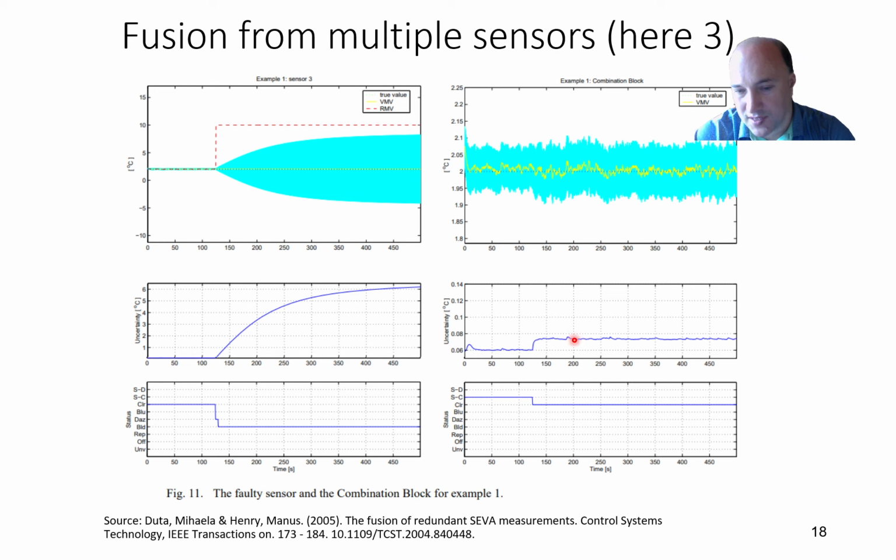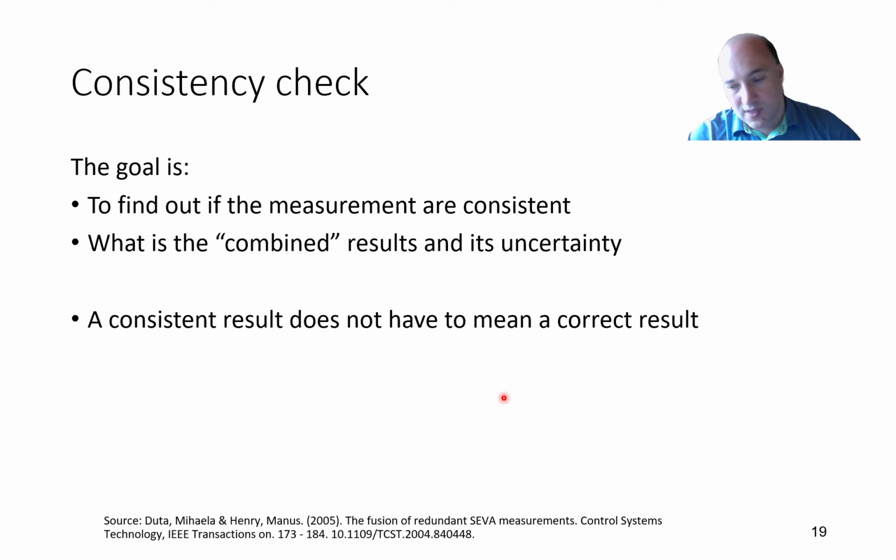Uncertainty has increased somehow, but it's still not as bad as for the individual sensor, which we see would be over here. So we have combined the 2 numbers from the correct sensors, and the algorithm has recognized that the third sensor is bad, it's not valid, and it has discarded this third number from sensor 3. Okay, so next week we will discuss how to do this consistency checking, and we'll see also this as a graphical representation.